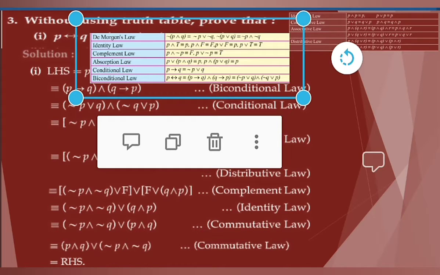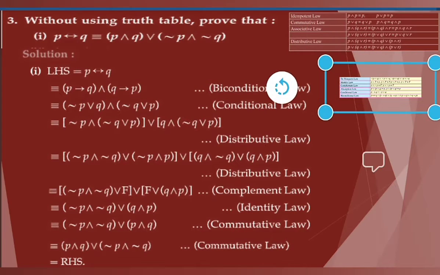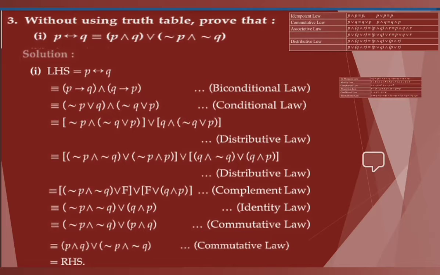We write this statement, and the next statement is (negation P or Q) and (negation Q or P). This is the biconditional law.